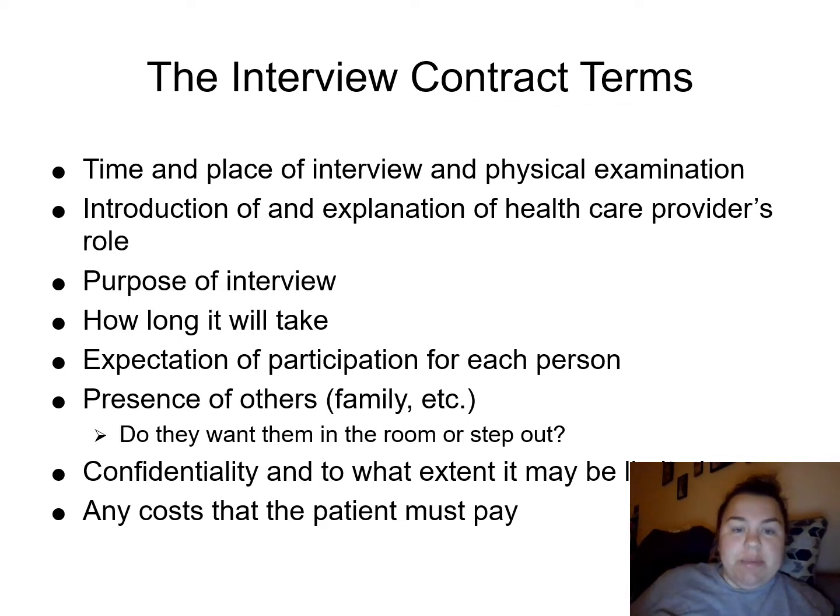Also, if there's family in the room or friends, do they want them in or do they want them out? I'm going to give them that choice. And then whatever is spoken between us is confidential. Now, there are some things that we have to talk to others about. Say, for instance, they are suicidal. They're having thoughts of harming themselves or harming others. That is a safety issue.